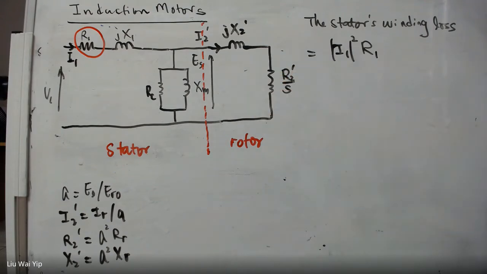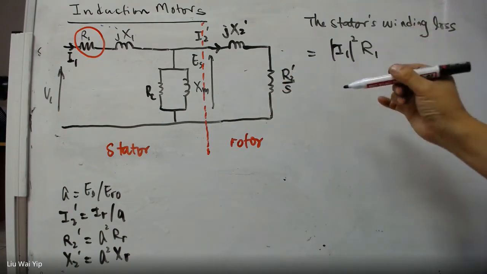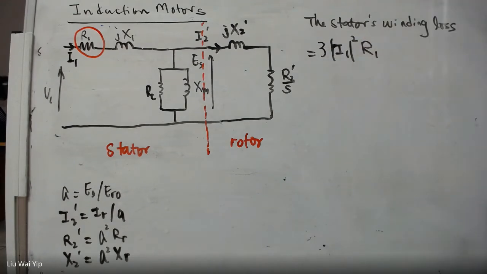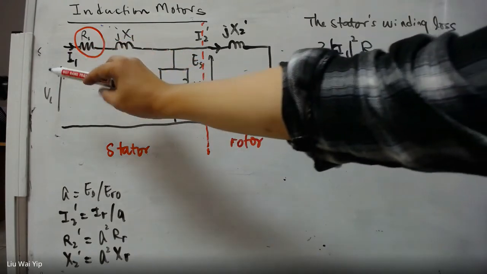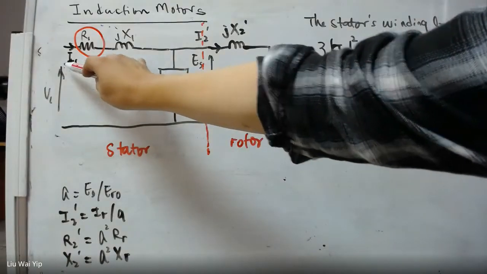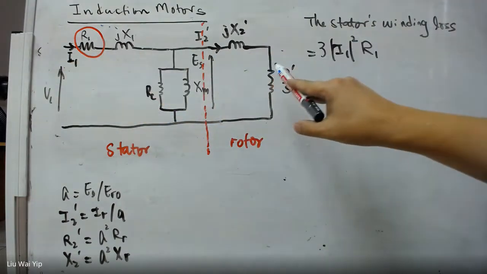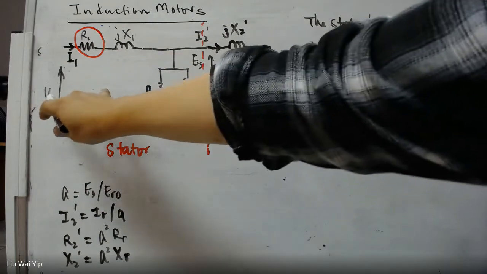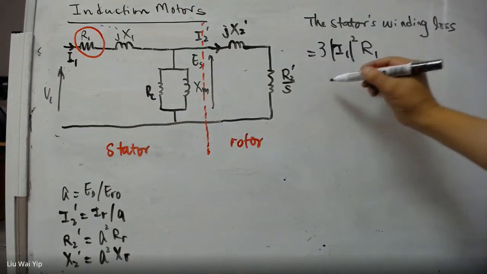And we have three phases, so the whole expression has to be multiplied by 3. And the power input to the motor can be modeled as the voltage times the current.